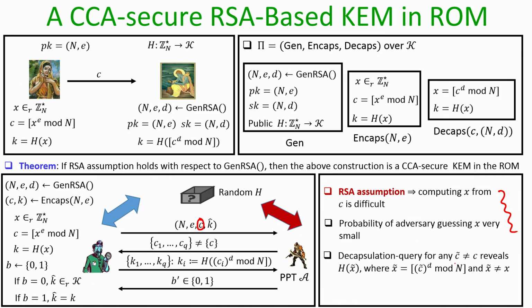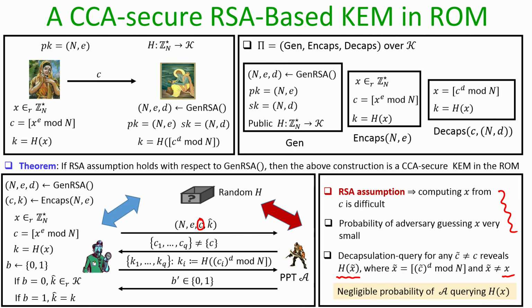It turns out that even though the adversary is given the advantage of asking decapsulation queries for any C tilde different from C, it reveals nothing about the actual X, because the result of every such decapsulation query will be the output of the H oracle on some input X tilde, which is different from the group element X used by the challenger.